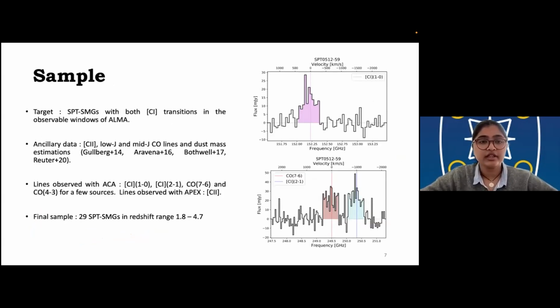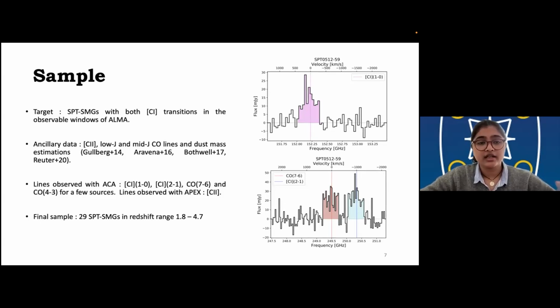To begin with, we use a sample of SPT SMGs, especially ones for which both the C1 line transitions are in the observable windows of ALMA. On the right, I show the C1 1-0 and C1 2-1 line profiles of one such galaxy. For this sample, we also have a lot of ancillary data in terms of low-J and mid-J CO lines. We have the dust masses estimated, and we have some galaxies for which the C+ line is observed.